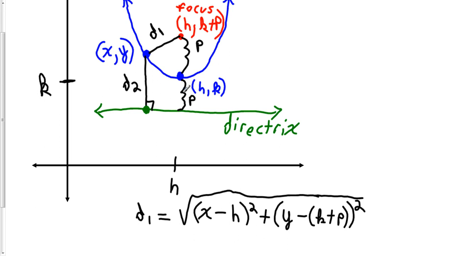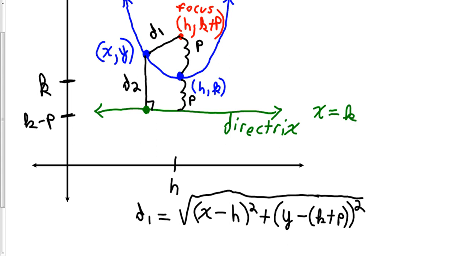The value on the y-axis directly to the left of my directrix is the value of k, which is above, minus this number p, k minus p. That's that y value there.